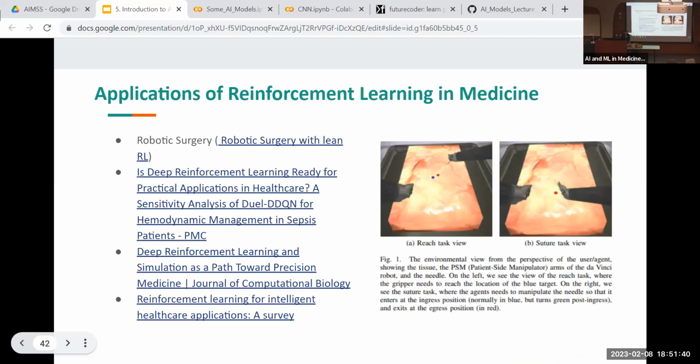Here are some examples and links that you can go to see some applications of reinforcement learning in medicine. One example is robotics. There are robots that are trained using reinforcement learning.